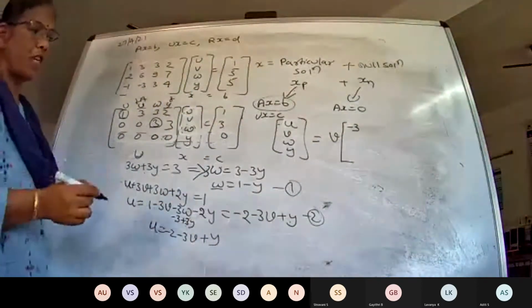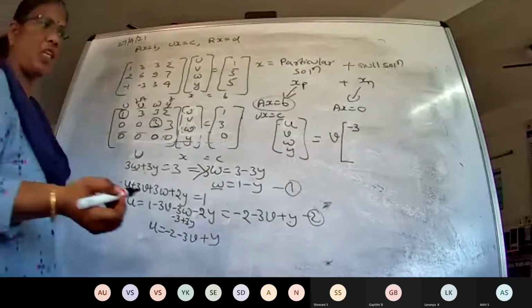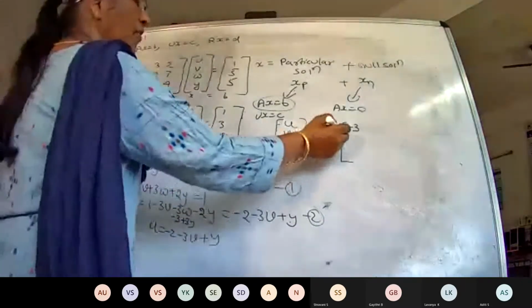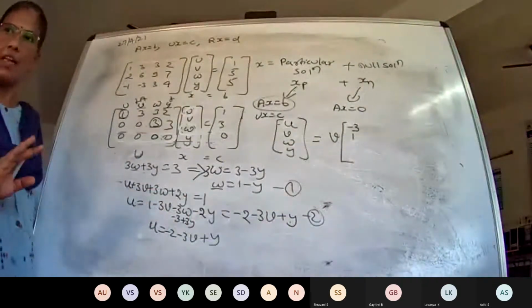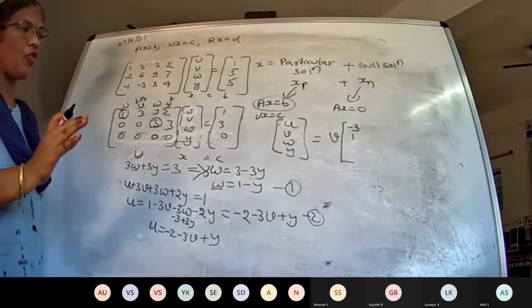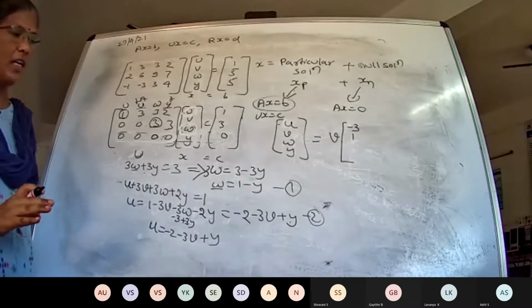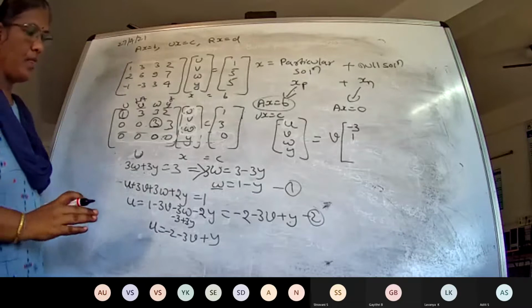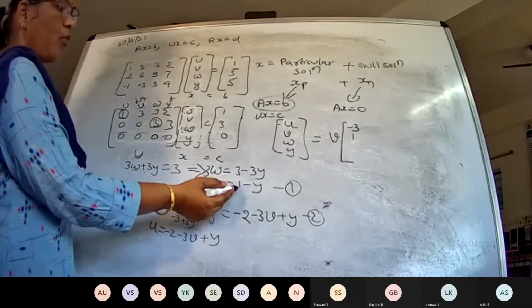Next, what is the coefficient of V in V? V equals V, so it is the variable itself. I'll write it as 1. Now what is the coefficient of V in W?